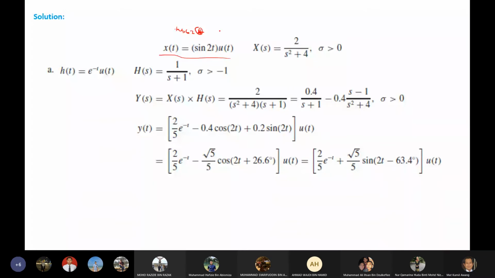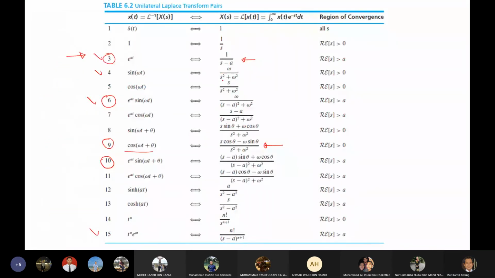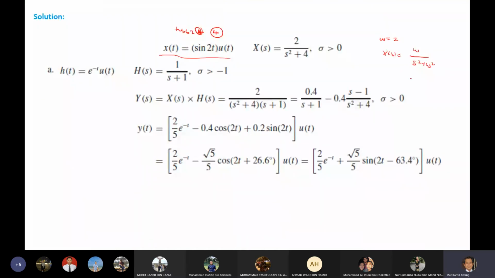From table number 4, you get X(s), where omega is equal to 2, so X(s) is equal to omega over s squared plus omega squared. This is the Laplace transform for x(t).